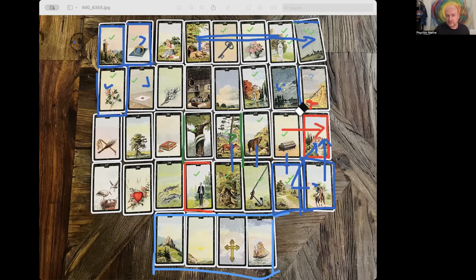But we haven't done all the corners. There's the bottom left-hand side that is here. And the stork. The stork brings good news. The stork has such a beautiful energy here that I really love.